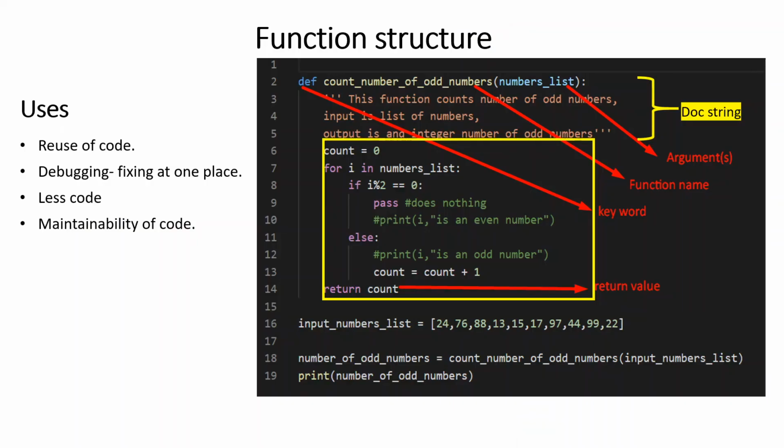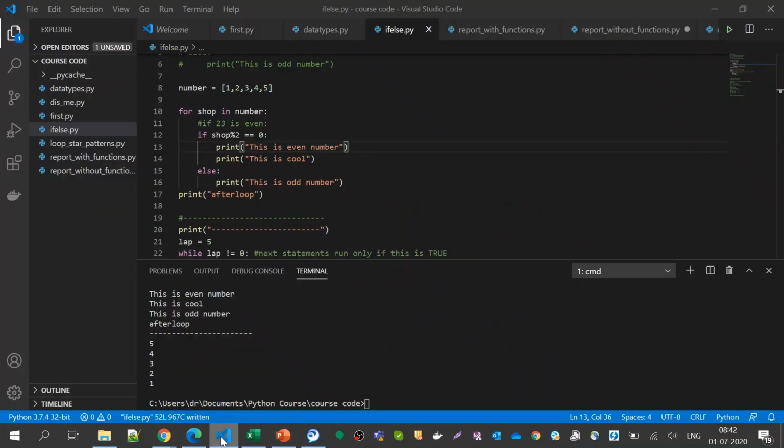That means in the last session we saw a loop like this. This loop was written in order to automate a repetitive task. That means there are a few instructions which need to be repeated, and these were put inside the for loop.